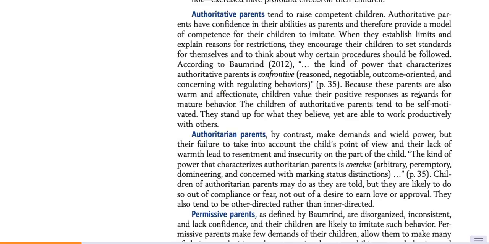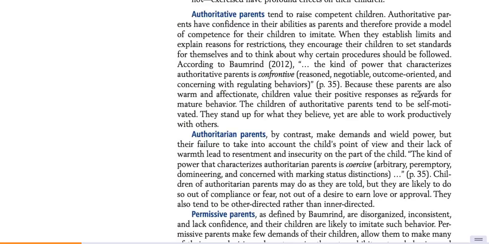According to Baumrind, the kind of power that characterizes authoritative parents is confrontive, reasoned, negotiable, outcome-oriented, and concerned with regulating behaviors. Because these parents are also warm and affectionate, children value their positive responses as rewards for mature behavior. The children of authoritative parents tend to be self-motivated. They stand up for what they believe, yet are able to work productively with others.